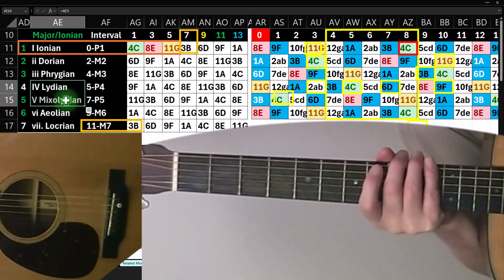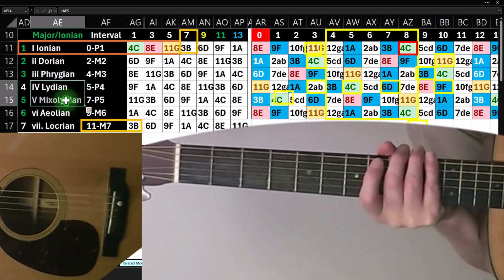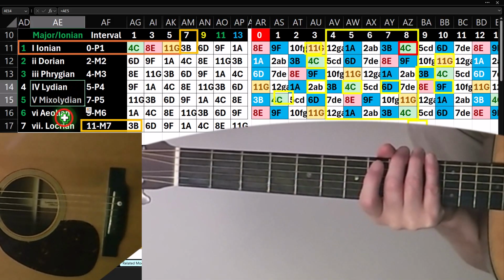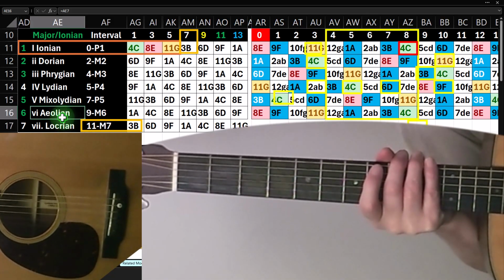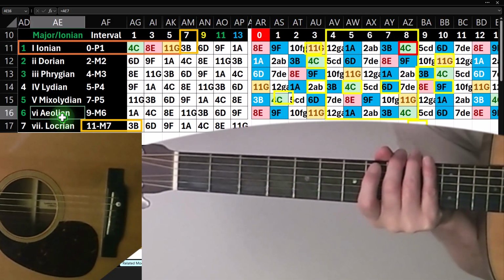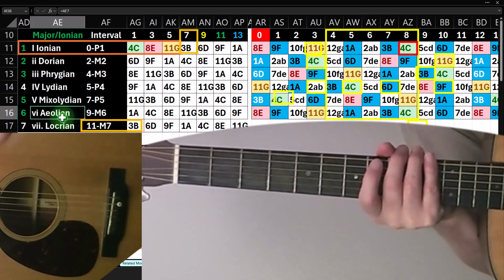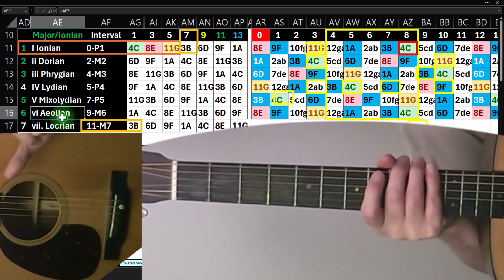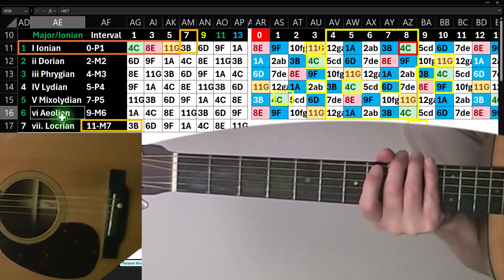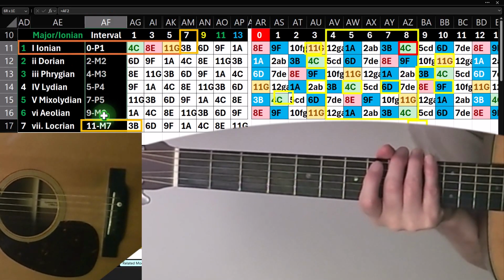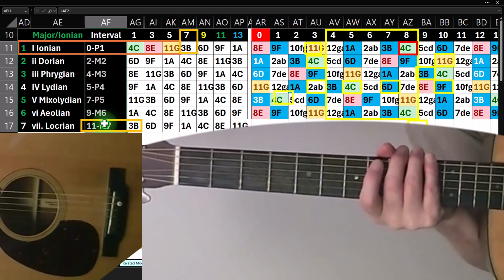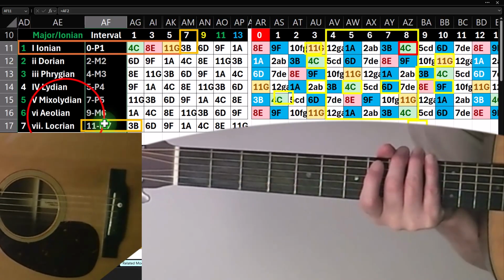And then we can look at the mode that's opposite or the most different from the Ionian, and that should be, in theory, the Aeolian, which is the minor scale, right? Because you're saying the major is on one side, you would think that the minor scale would be completely opposite, as different as possible, with as many intervals different as possible. And well, that's the general idea.